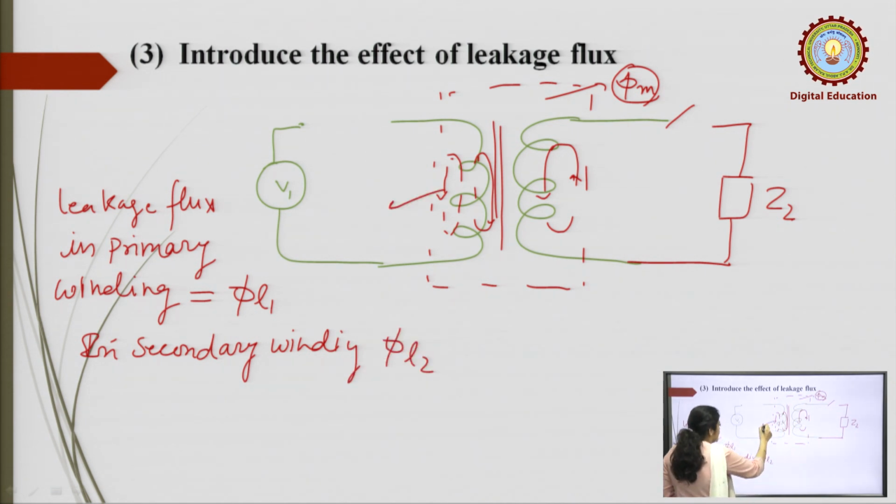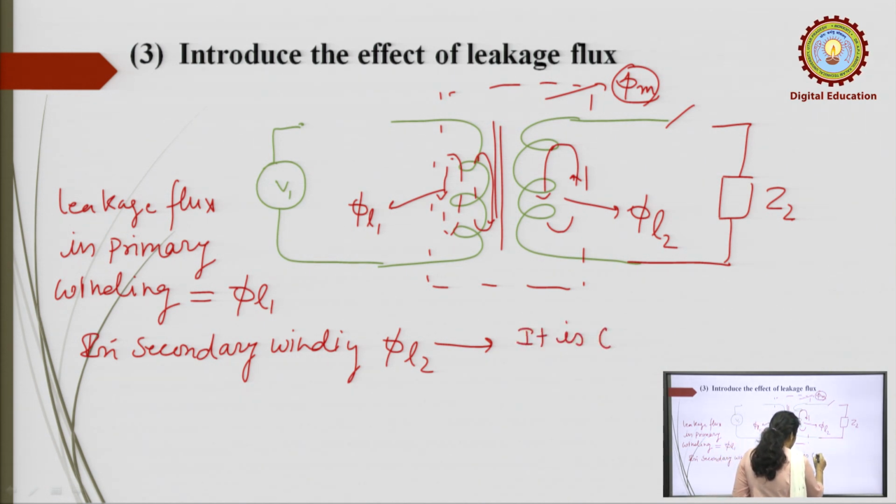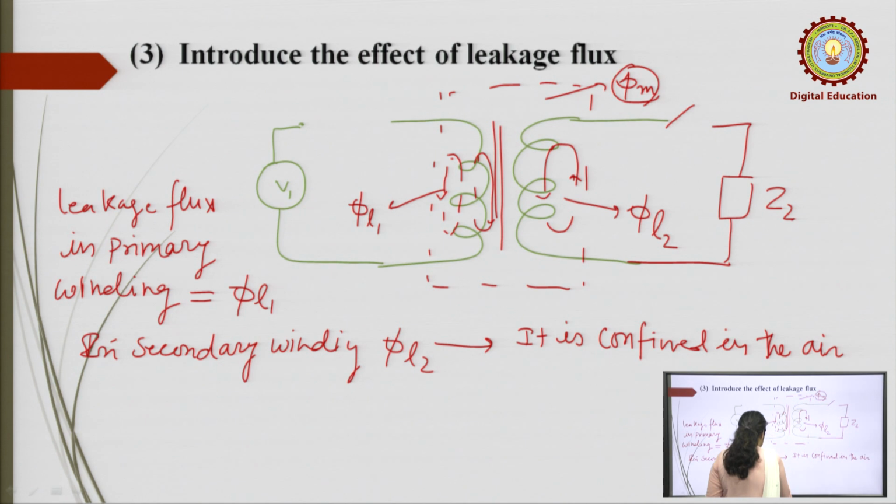So, this is phi L1 and this is phi L2. These leakage fluxes are confined in the air, and this applies to both phi L1 and phi L2.